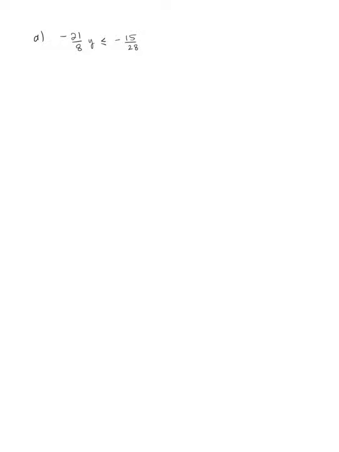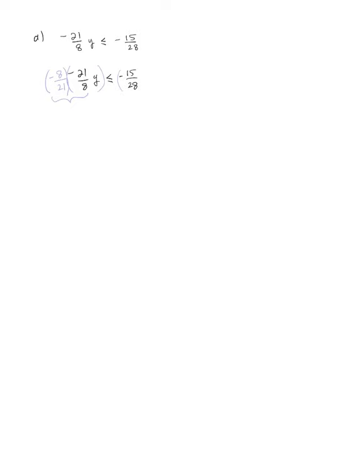So what I'm going to do is first copy and paste the problem. Now I'm going to multiply this whole thing by negative 8 over 21. Do you see why? Because if I multiply these two, you're just going to get a positive 1, and a positive 1 times y will just give you y.